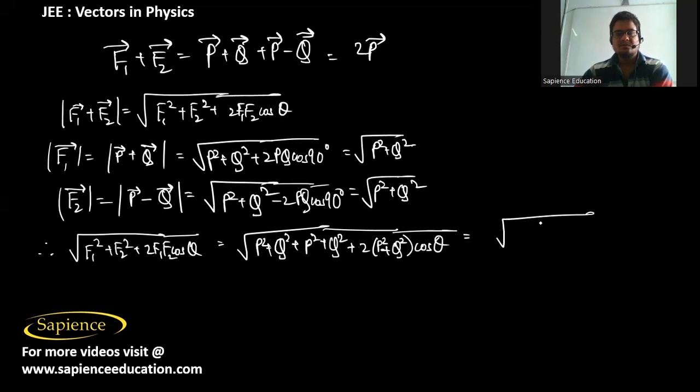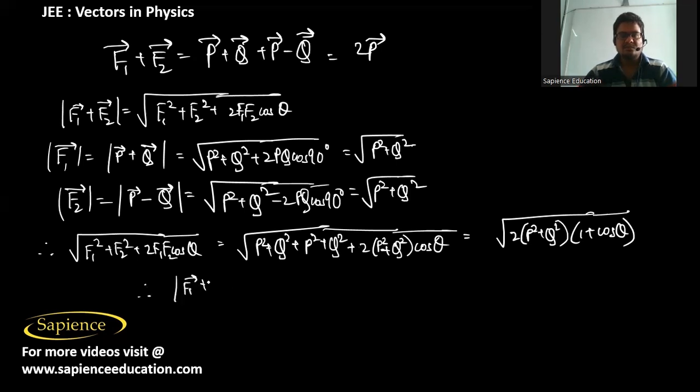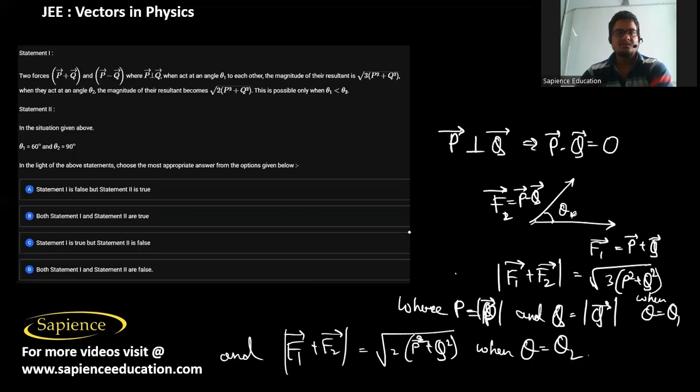So this will be the square root of 2 into p square plus q square, which comes as common, into 1 plus cos theta. So the magnitude of f1 plus f2 is the square root of 3 p square plus q square when the angle between them is theta 1.